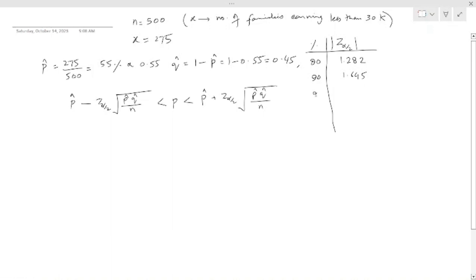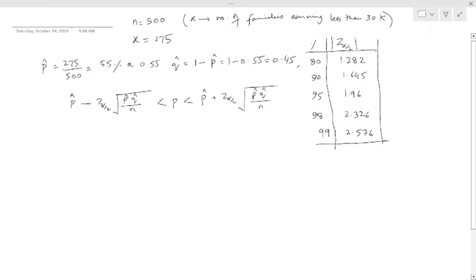For 95%, that's 1.96. For 98%, it is 2.326. And for 99%, that's 2.575 or 2.576.